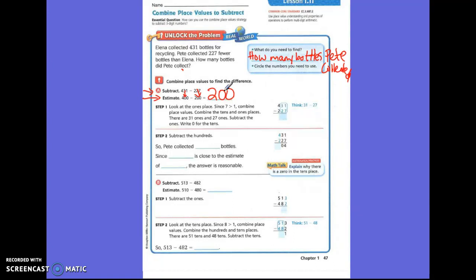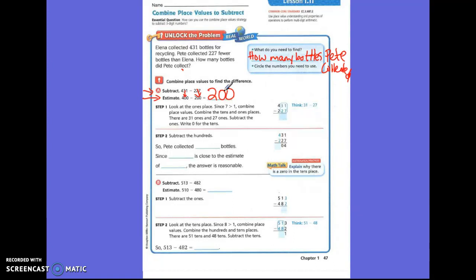Can we subtract 7 from 1, boys and girls? No. So this would be one where we would have to regroup. But instead of regrouping, they're trying to tell you to instead think of 1 minus 7 as 31 minus 27.